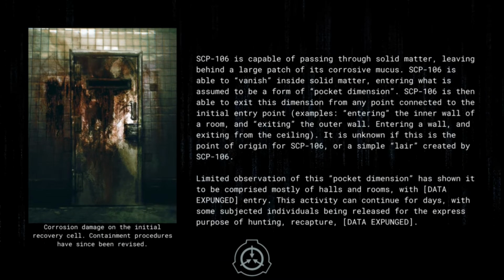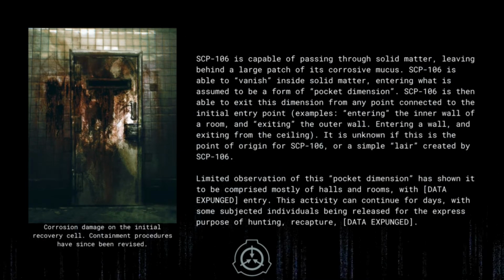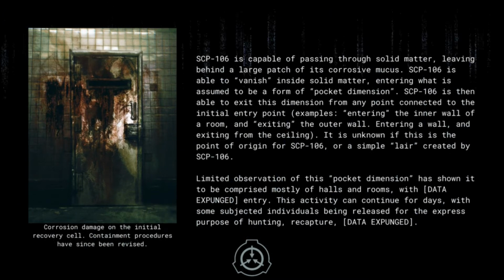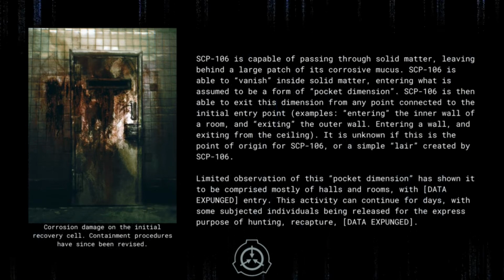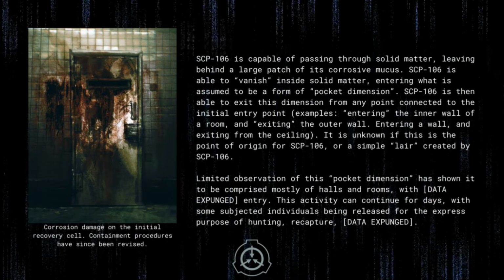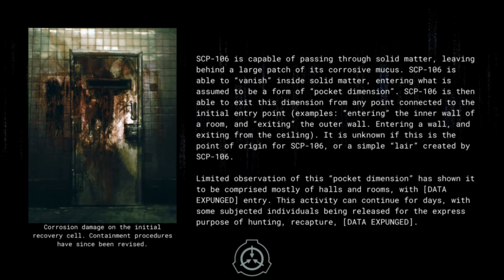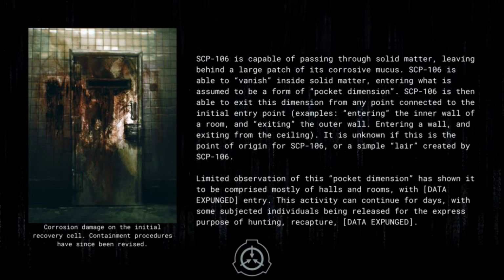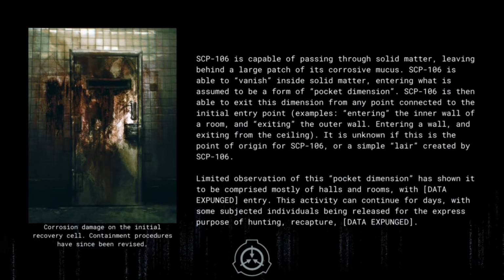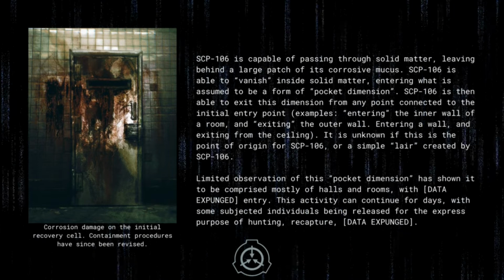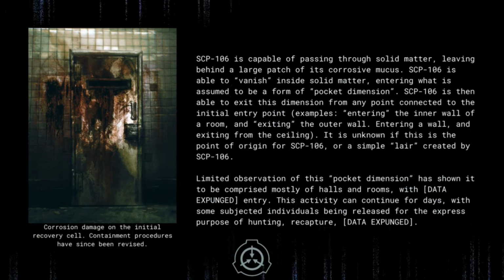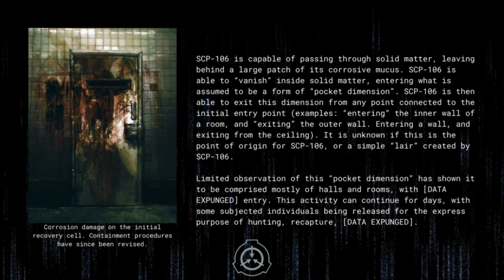It is unknown if this is the point of origin for SCP-106 or a simple lair created by SCP-106. Limited observation of this pocket dimension has shown it to be comprised mostly of halls and rooms with data expunged entry. This activity can continue for days, with some subjected individuals being released for the express purpose of hunting, recapture, data expunged. Special Containment Procedures.